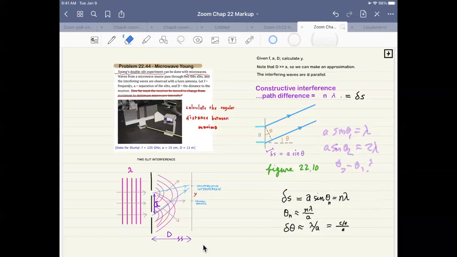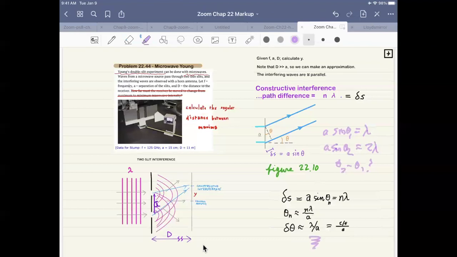So these angles will be very small, so I can approximate sine theta as just theta. I can just say theta is n lambda over A. So delta theta, theta 2 minus theta 1, would just be lambda over A. Now, I'm not told lambda, but I am told f.